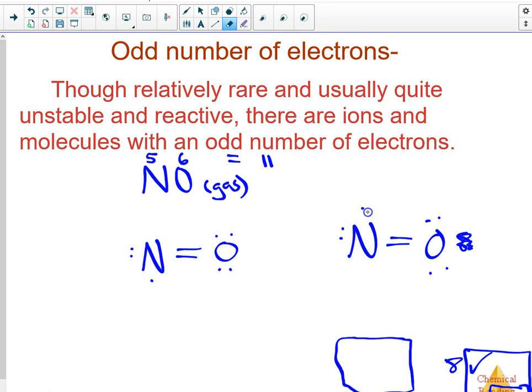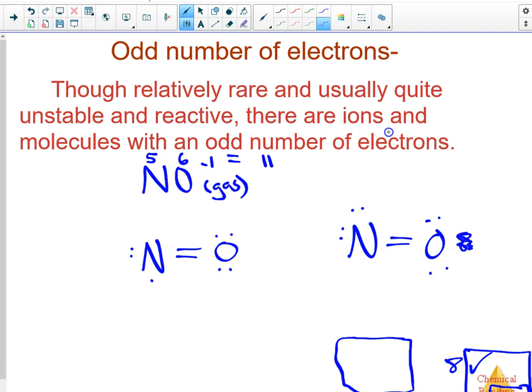Definitely more reactive, because if I just make this NO negative 1, life's a whole lot better, right? Now I have an octet on everything, and life's super more convenient. So nitrogen monoxide is out there looking for an electron constantly so that it can become NO minus 1 or NO2 or NO3 minus 1s.